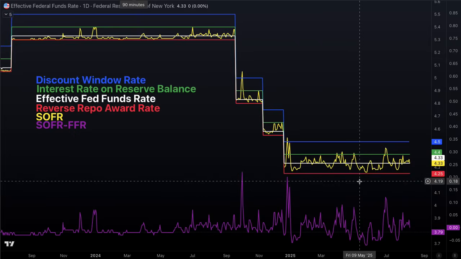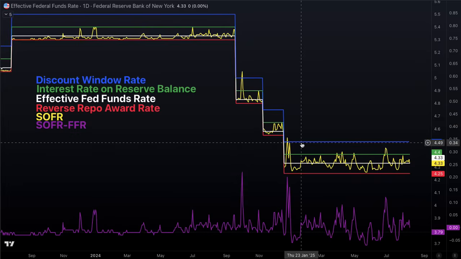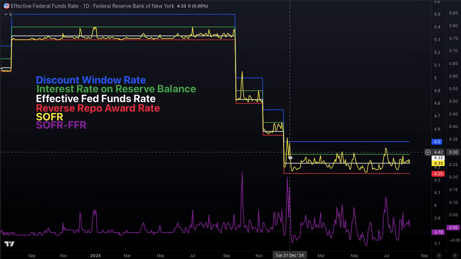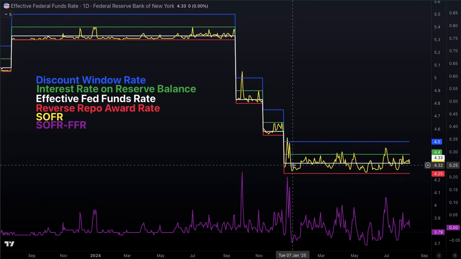But again, the way to think about this overnight dollar market, the discount window rate is the Fed guaranteeing the ceiling for the price of the dollar. No matter what happens, we are willing to come in and loan you dollars at 4.5 and increase dollar liquidity, again, increasing the supply of dollars, therefore reducing the scarcity of dollars.